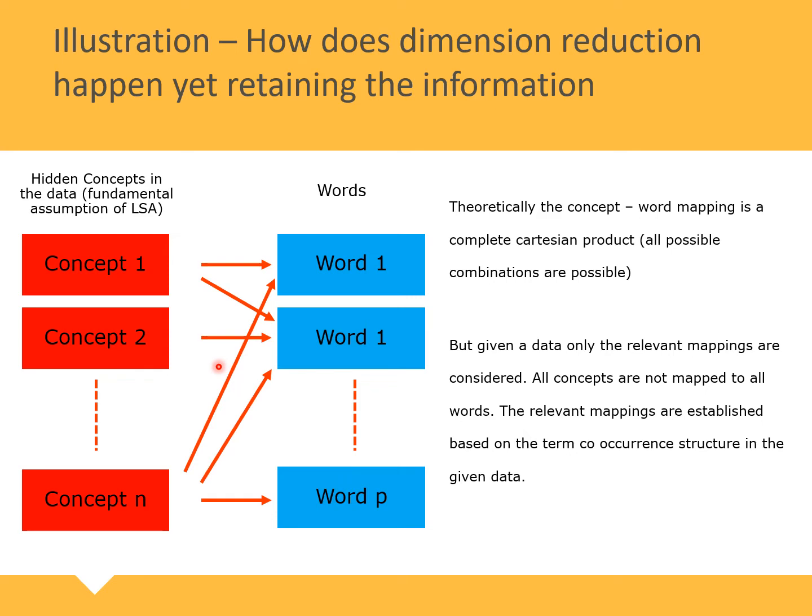The relevant mappings, that is, which words are contextually related and hence can be grouped together to define a concept, are determined based on the term co-occurrence matrix. The structure of the term co-occurrence matrix depends on the data that you are handling, and it is derived from the document term matrix.